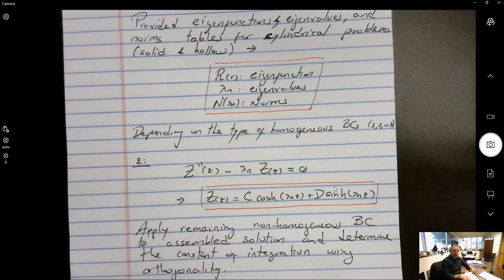All right, so let's go straight into an example to show how this works.